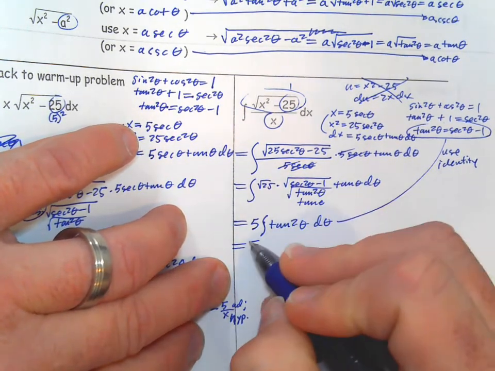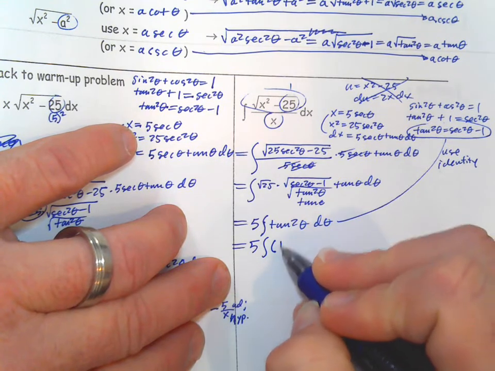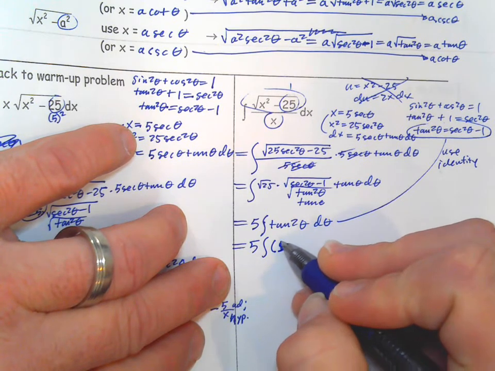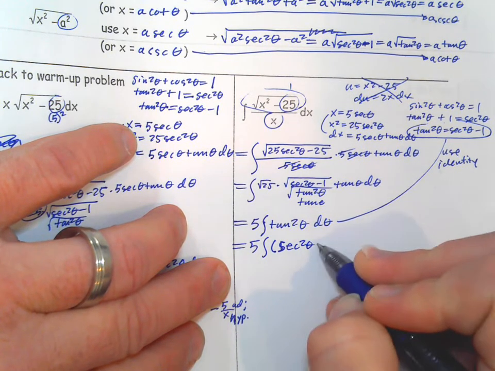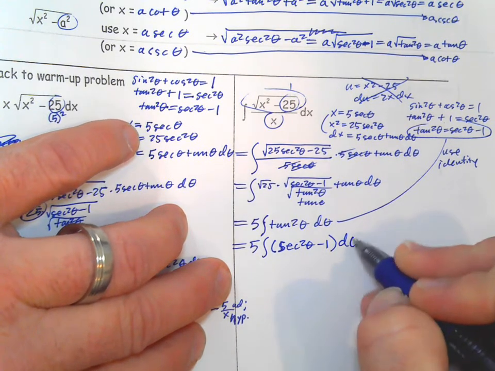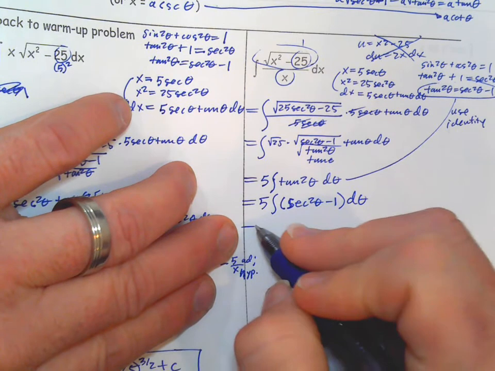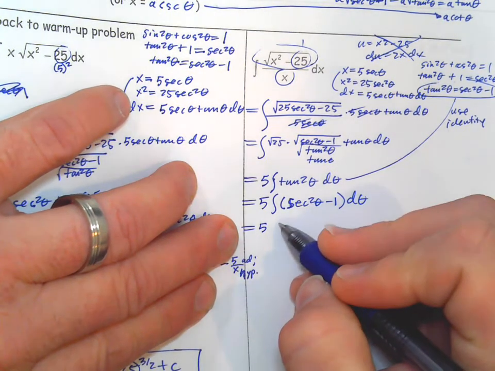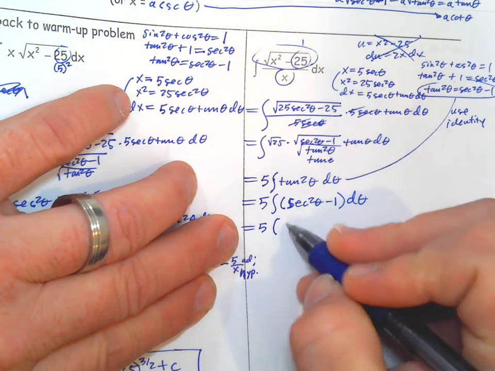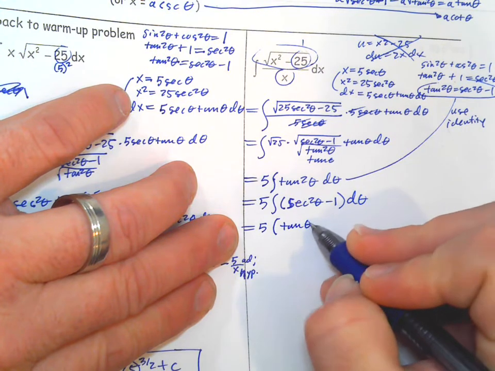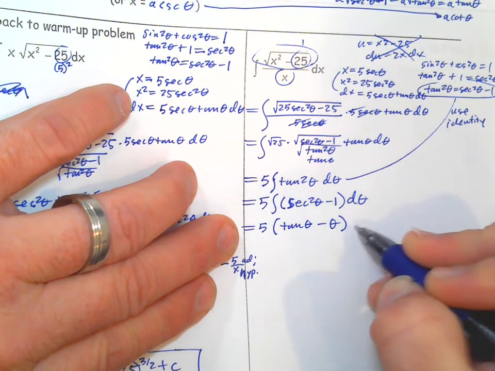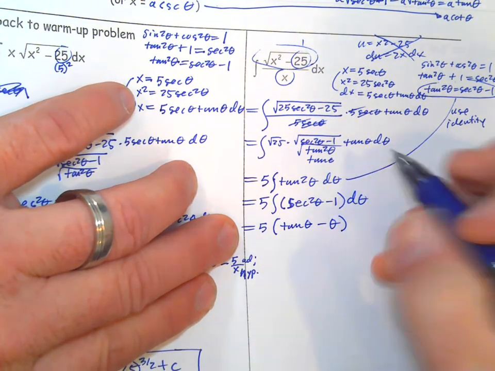So this is the same thing as secant squared theta minus 1, right? And secant squared, we know that's the derivative of tangent. So this is going to be tangent theta, and this is going to give you a theta, right? Plus c.